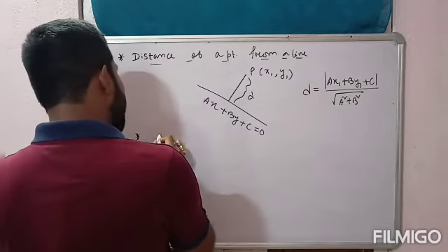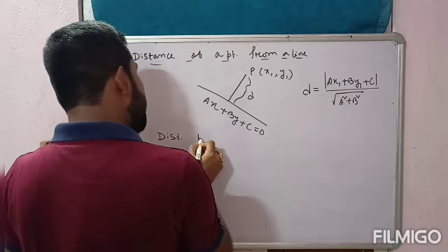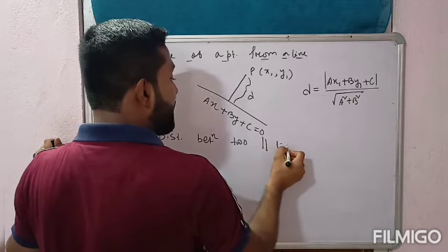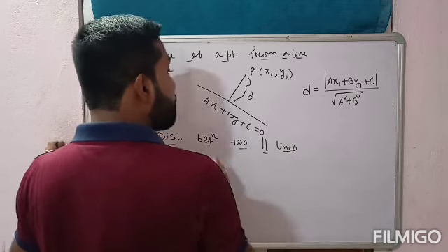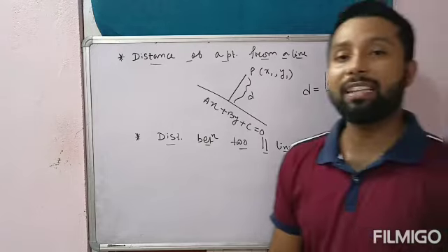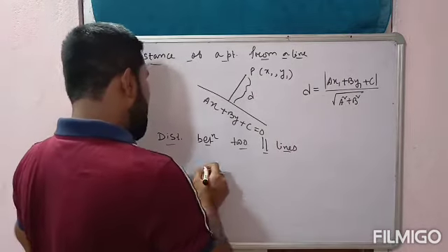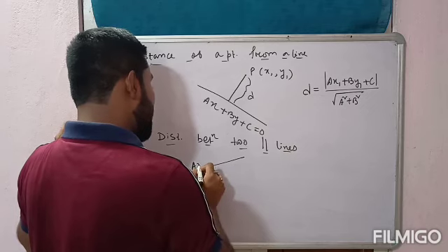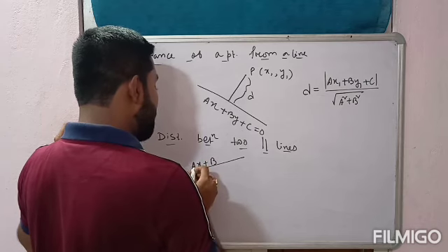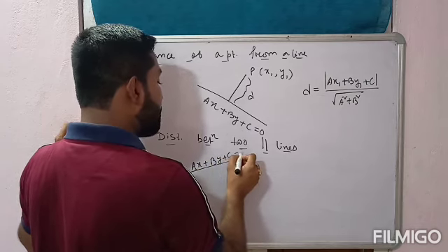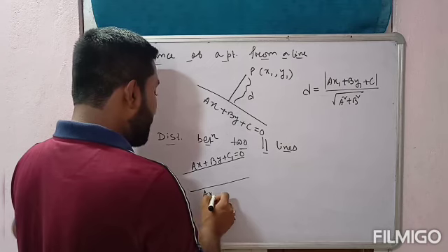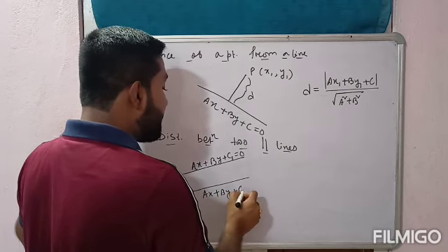Next one is the distance between two parallel lines. If the two straight lines are parallel to each other, then how can we find the distance between them? Let us consider ax plus by plus c1 equal to 0, and the second equation as ax plus by plus c2 equal to 0.